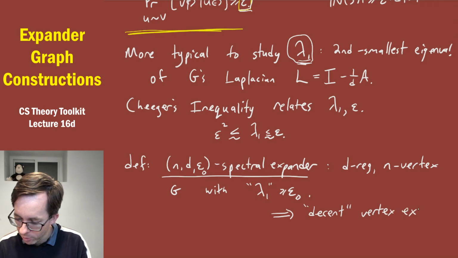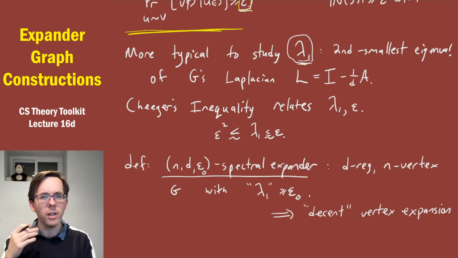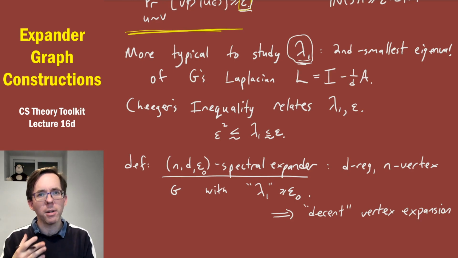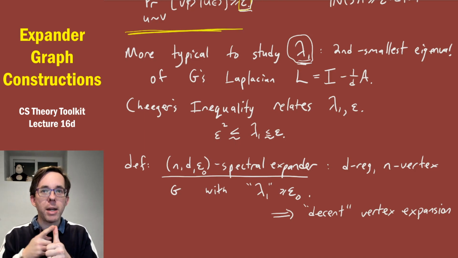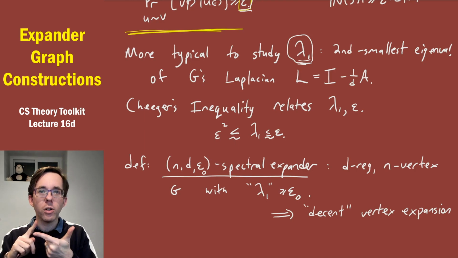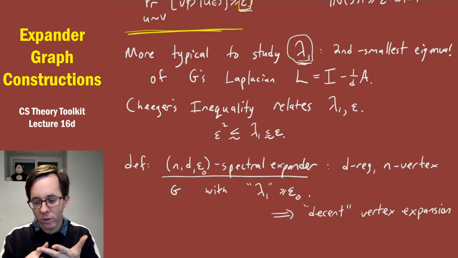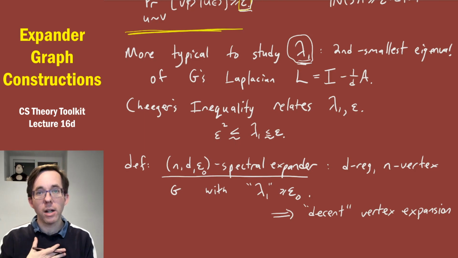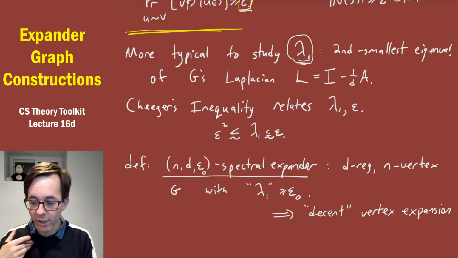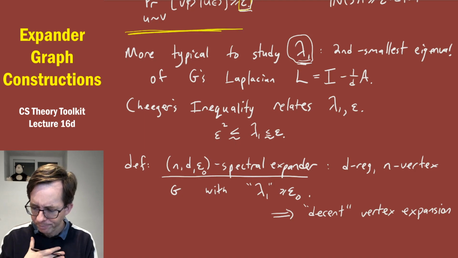This was originally proved by Alon and Milman, and it's a consequence of the tight form of the expander mixing lemma, which we'll mention shortly. But all of which is just to say that I want to convince you that if you can construct these spectral expanders, then they give you good edge expanders, and also good vertex expanders, and also you can get good bipartite expanders, and so forth and so on. So this will be our task for the remainder of the lecture.